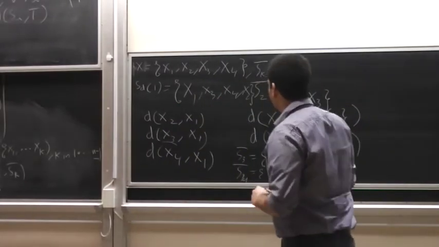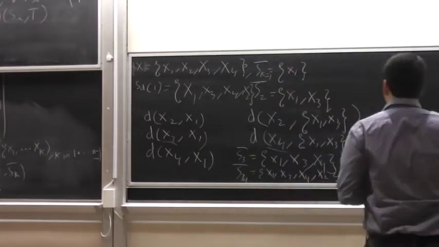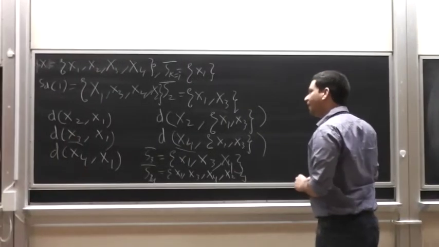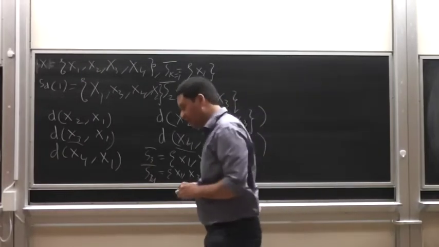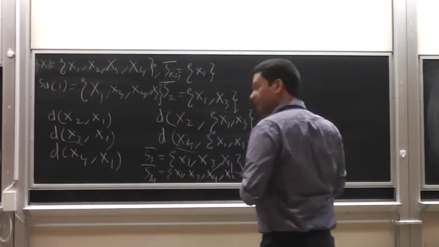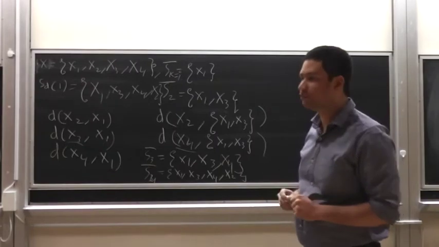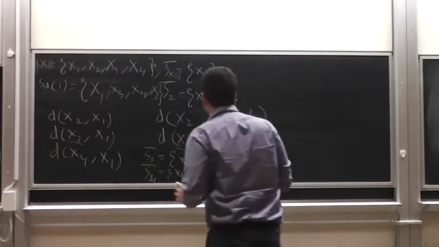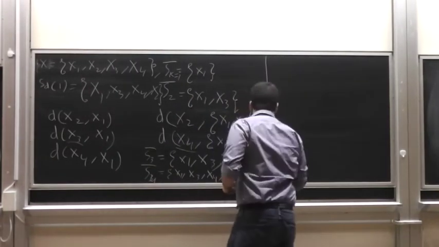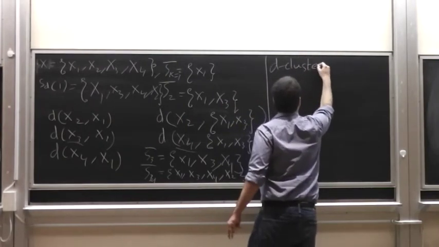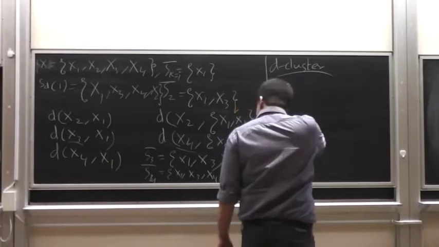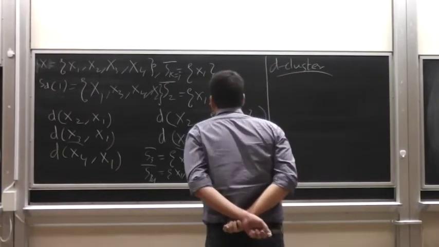Now I'll move to the next concept. I call it the D cluster. After the D cluster definition, I would have a theorem that will help us settle the question of what the algorithm should be. So we're still going towards the same goal. D cluster is basically as follows.